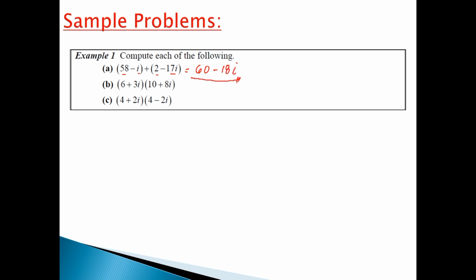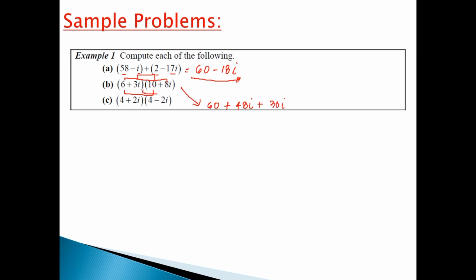For letter B, okay, so we'll apply the FOIL method. Let's write the solution here. So first, 6 times 10 is 60. Then outer, 6 times 8i, that is 48i. Then 3i times 10, that is 30i.